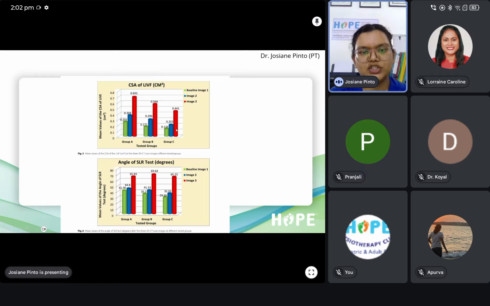Blue would be the initial positioning for the first time, and then the red one would be after 48 hours, and practicing it 4 times for 20 minutes each time. Now, angle of SLR as well, we can see how significant the difference is with the red cylinders.